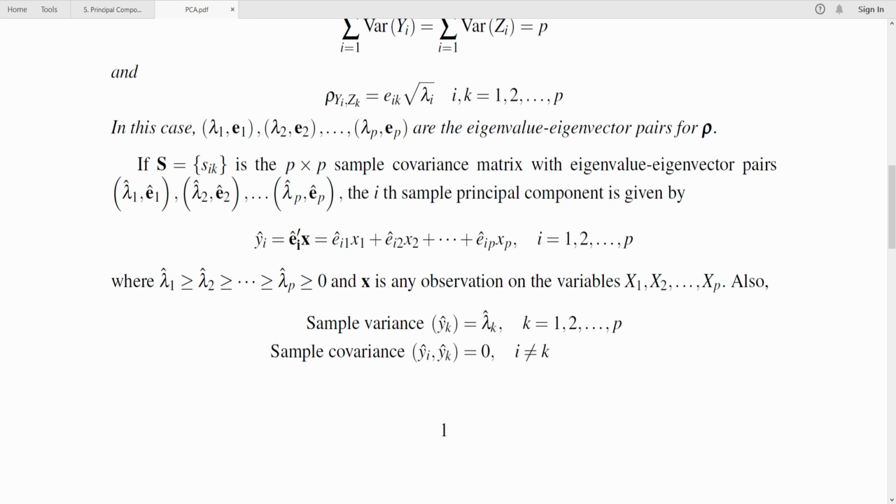I mentioned the function in R, so I need to say something about the singular value decomposition. This is a decomposition that R uses to find our principal components. We will not get into details about singular value decomposition, but you might encounter it in some other courses.